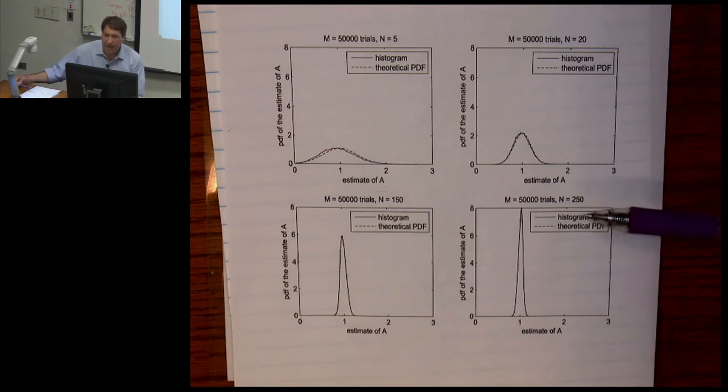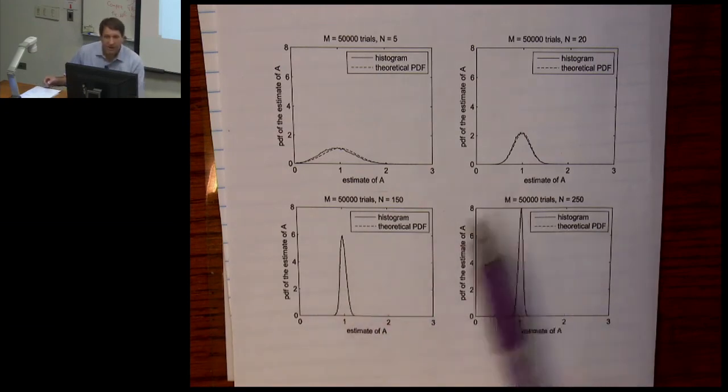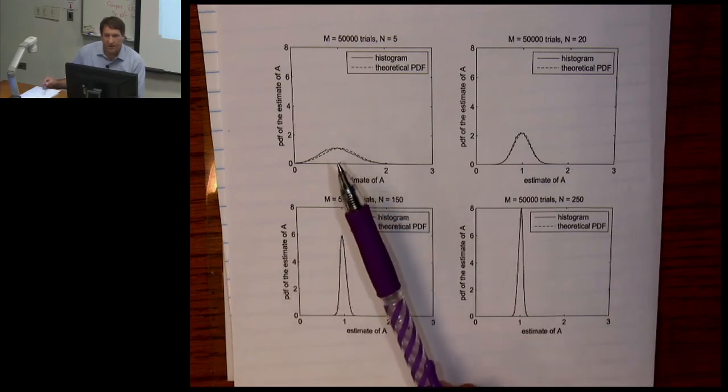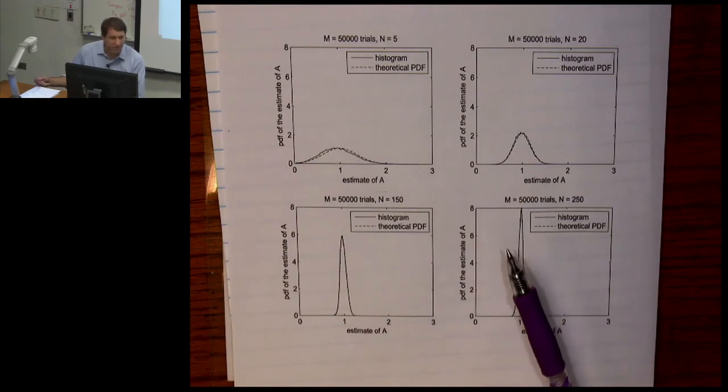Remember that n is the number of measurements, the number of observations that I use to generate a single estimate of the parameter A, and m is the number of times that I generate an estimate of A. We're looking at the spread of those estimates about the mean and comparing it to this normal distribution that we would expect of an efficient estimator. You can see that the spread is higher as I use a smaller number of data points, and it narrows as I increase the number of data points.